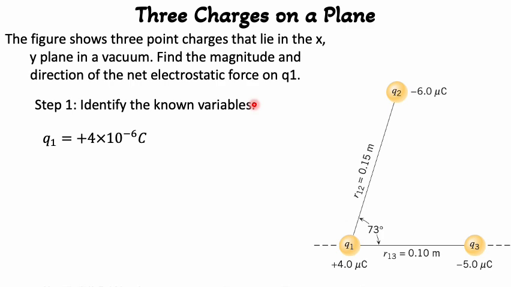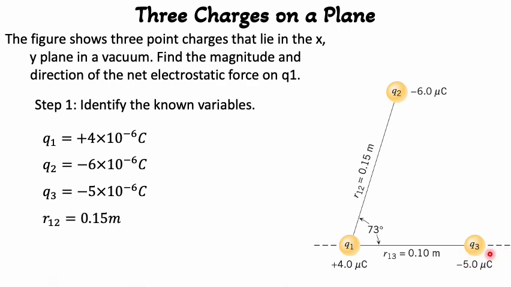So, we have Q1, which is 4 microcoulomb, positive. Q2 is negative 6 microcoulomb. Q3 is negative 5 microcoulomb. How about the distance? The distance between Q1 and Q2 is 0.15 meters.